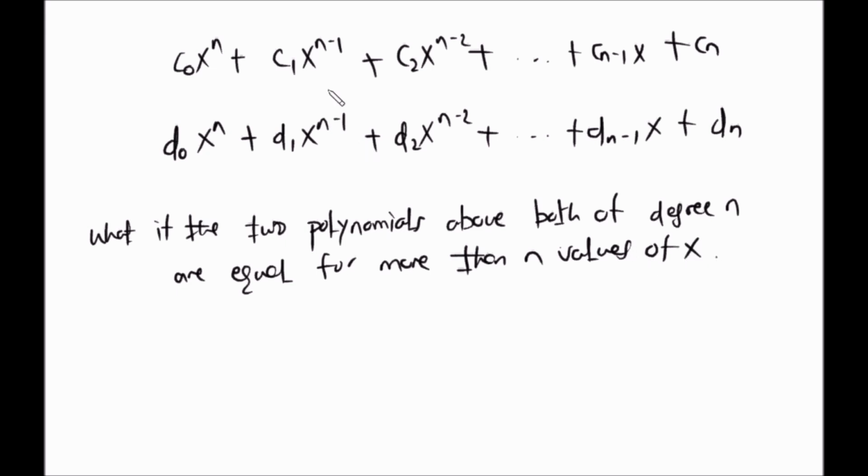So what if the two polynomials above are equal for more than n values of x? Itakuwaje sasa? So huyu yuko sawa na huyu for more than n values of x.